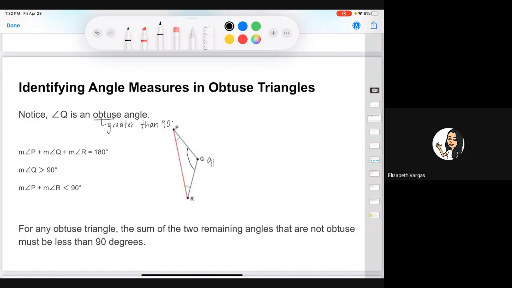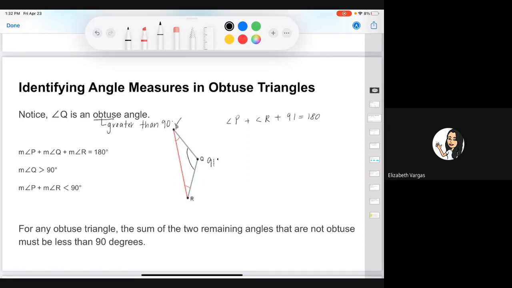How do we know this? We'll say that my obtuse angle here is 91 degrees. 91 degrees is in fact greater than 90, so it is obtuse. And I know that all my angles added together have to equal 180. So P plus R plus Q has to equal 180.